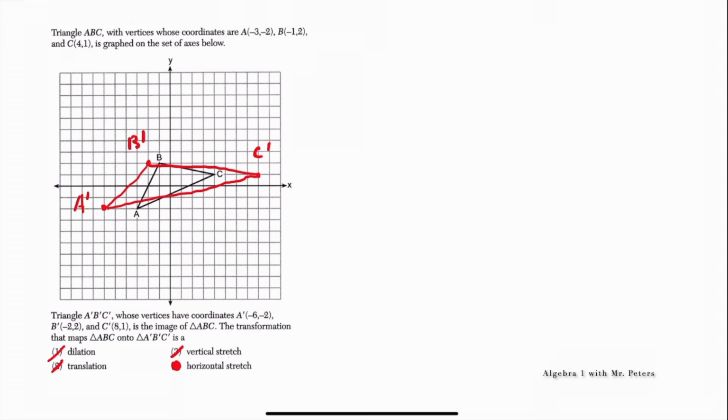Let's say we look at point C. From the y-axis to C, we went over 4 spaces. But from the y-axis to C prime, we went twice the distance. We went 8. The same thing with B. For B, we went 1 away from the axis, but for B prime, we doubled that to go 2. So this is why it will be a horizontal stretch and why it's important to understand vocabulary when you're taking these type of exams.